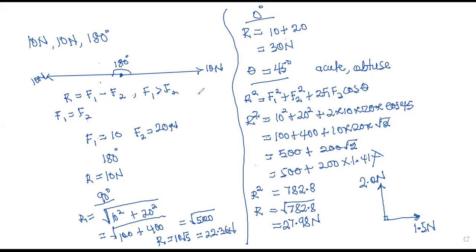Once the two vectors or forces are perpendicular to one another, then the resultant will be determined using Pythagoras theorem. So 2 squared plus 1.5 squared. And this is 4 plus, what is 1.5 squared? Ella.